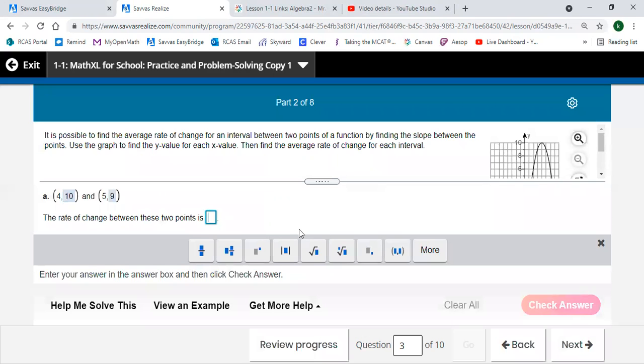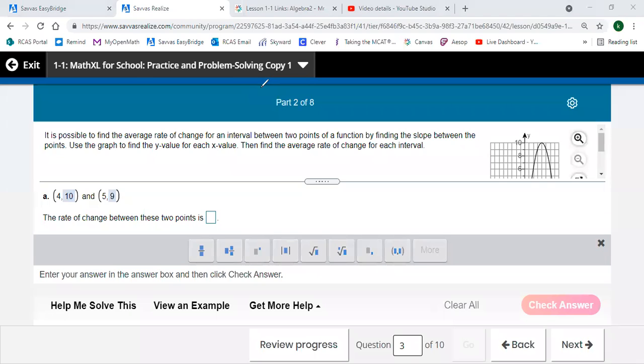And then, what's the rate of change or slope between those? So remember, that's rise over run, change in y over change in x, all the different ways you've learned about rate of change. So my y is 10 and it goes down to 9. So that's like -1 on top.